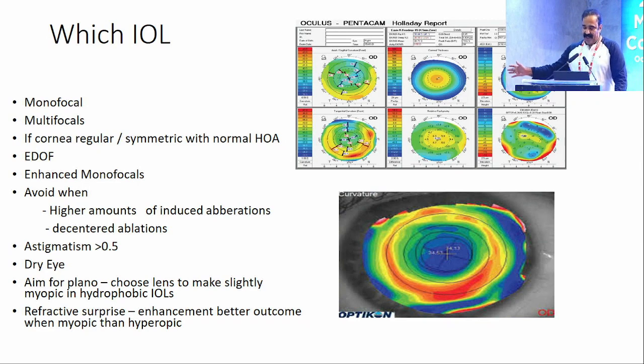I avoid these with higher amounts of induced aberrations, astigmatism of more than 0.5, or dry eye. If it is a hydrophobic IOL, I would prefer to go for 0.5 diopters of overcorrection, because if there is any surprise, it is easier to correct.